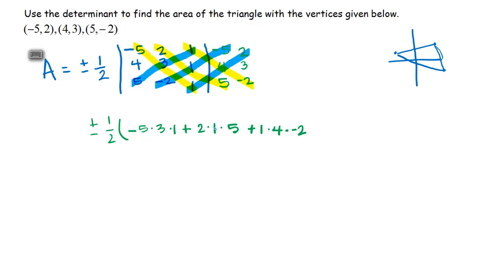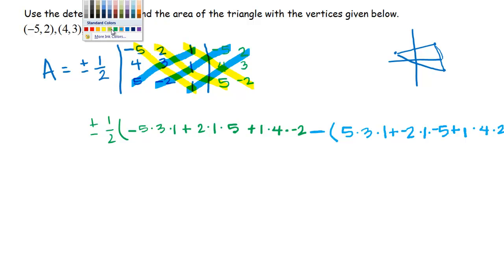There's going to be a big minus sign right here, and I'm going to subtract those 3 blue highlighted sections. So that's 5 times 3 times 1 plus negative 2 times 1 times negative 5 plus 1 times 4 times 2. Close that parenthesis, and let me grab that green to close that green parenthesis.